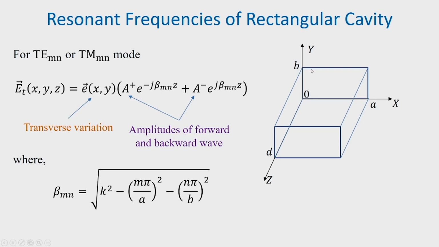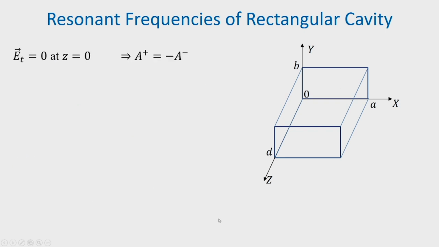We have at z equal to 0 and z equal to d perfectly conducting walls, and therefore, the tangential component E_t, tangential field has to be 0 at z equal to 0, and this condition will give A plus equal to minus A minus.